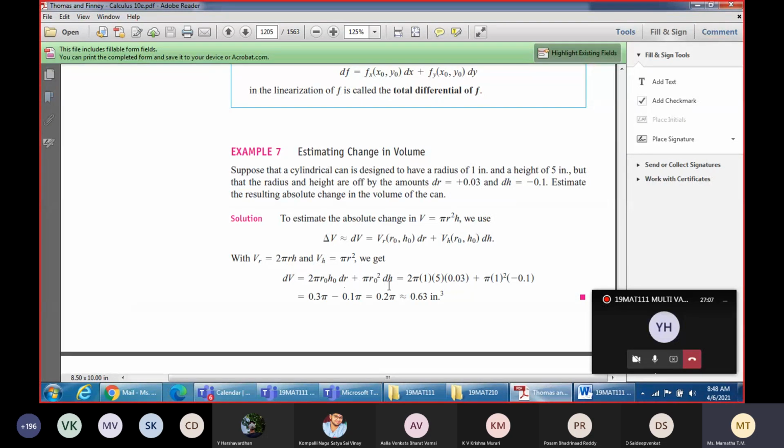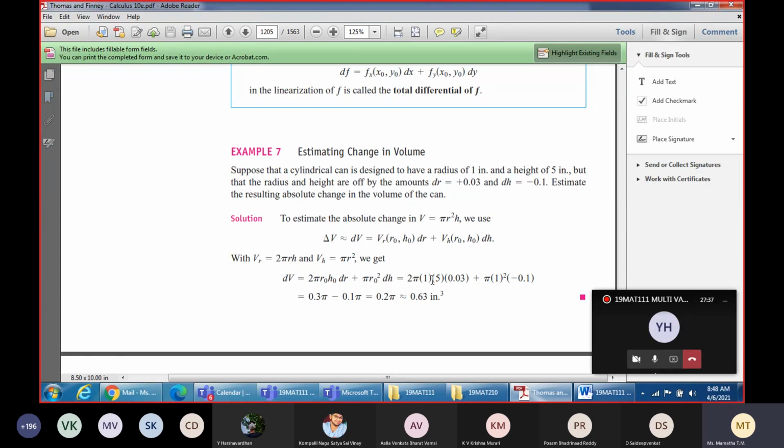Now, what is given? The radius value and height. These are the given point, what we call x naught, y naught. So the r value is given as 1 and height is given as 5. So this becomes your x naught, y naught point, 1 comma 5. R is 1 and h is 5. So find out at that particular point the ∂V/∂r value and ∂V/∂h value.